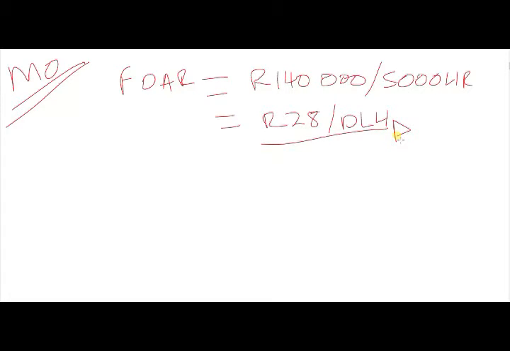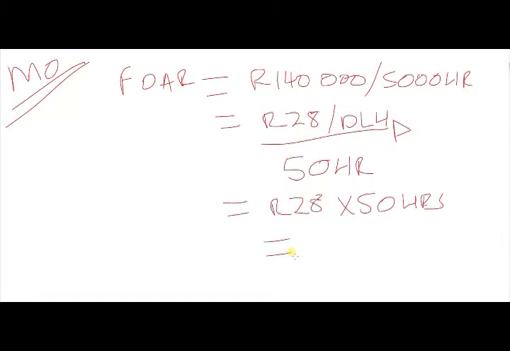So now we know from the question that this job requires 50 hours. To calculate the manufacturing overhead for this job, you take 28 multiplied by 50, which gives us 1,400.